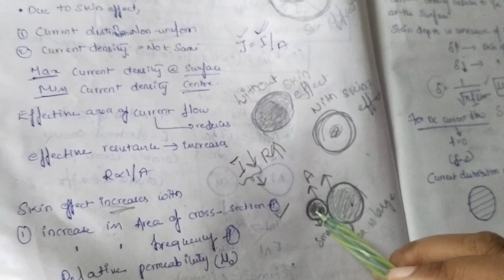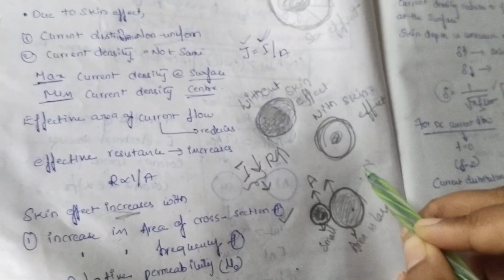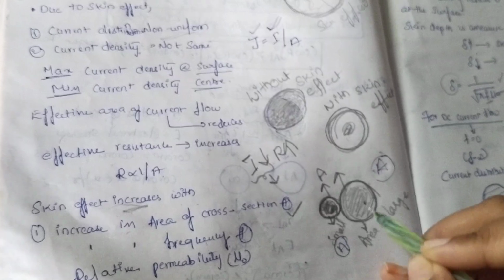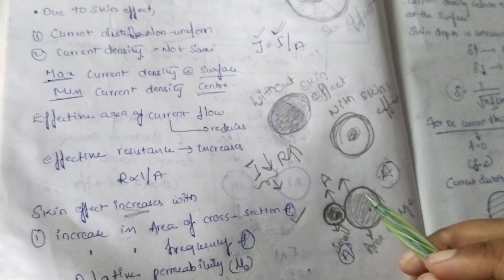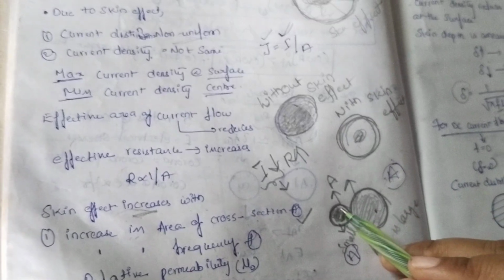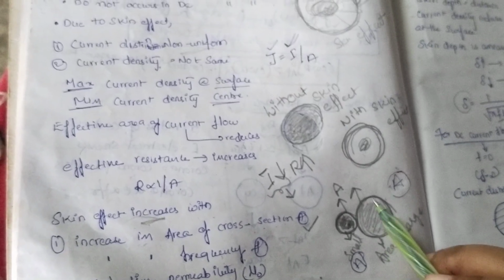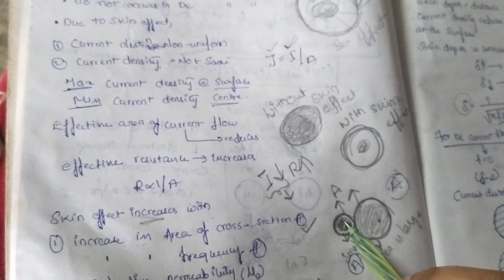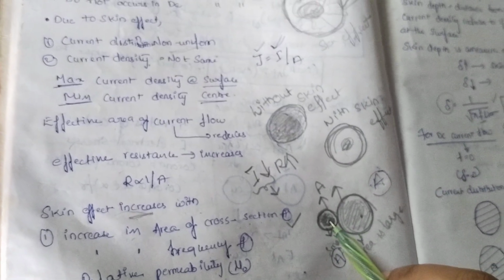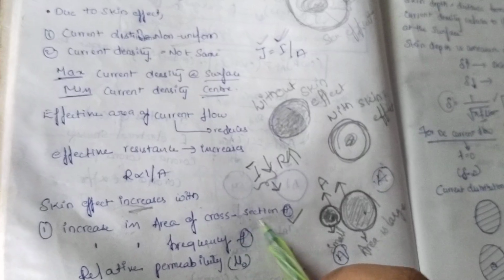The area of the large conductor where the current is not flowing is high compared to the small one. So skin effect increased when we compare these two. In the large area, current is not flowing in a high area, and in the small area, current is not flowing in a low area. So there is much loss of current in the large conductor, and small loss of current in the small conductor. So skin effect increases with increase in area of cross section.